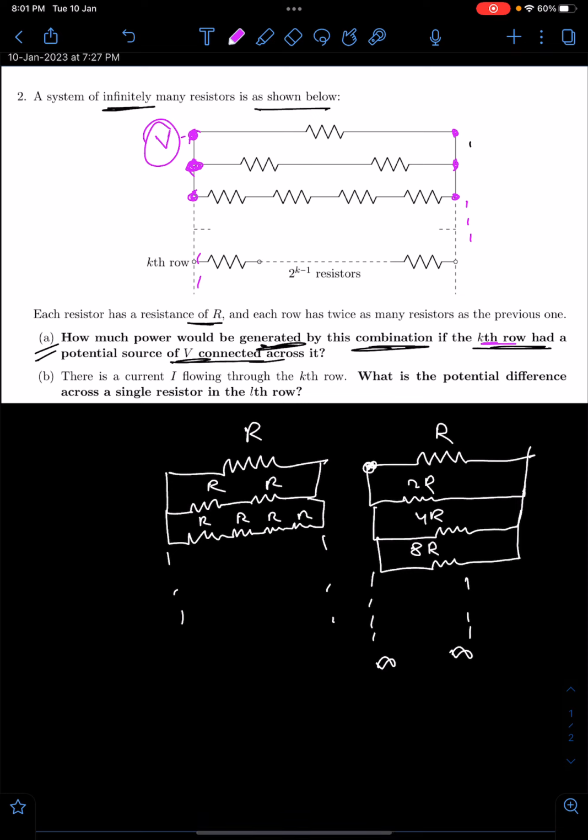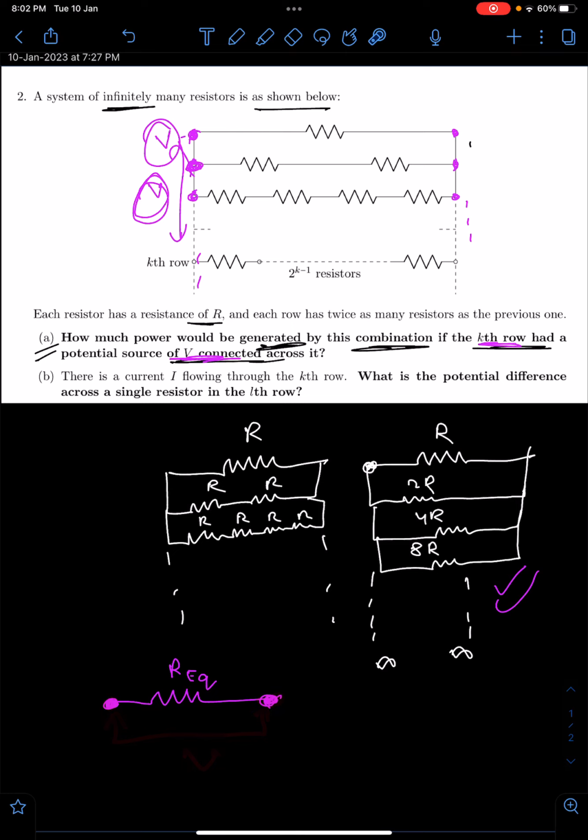So if the kth row has a potential of V, can I say that the entire resistance combination has a potential of V? So if I reduce this, I get this. And if I reduce this to R equivalent, these 2 points, I'll represent them by red, these 2 have a potential of V between them.